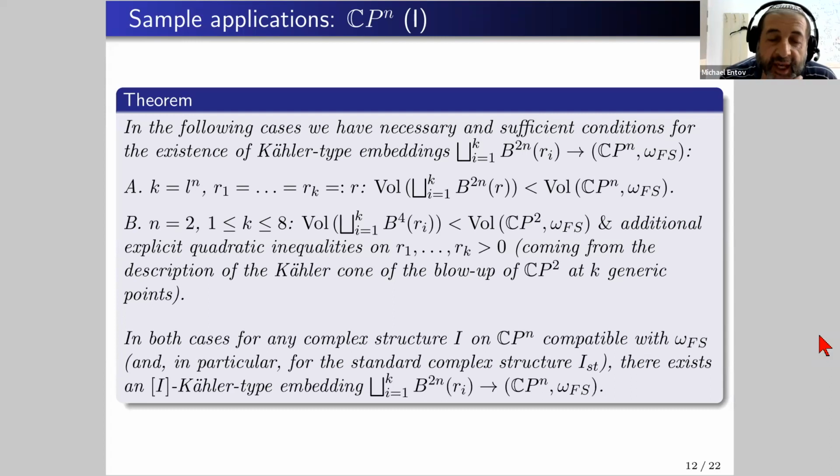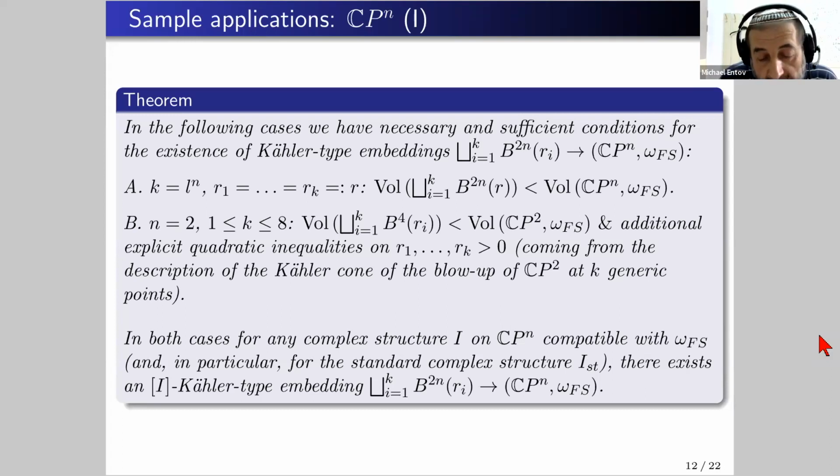In particular, in both cases, for any complex structure I on CP^N compatible with the symplectic form, and in particular for the standard complex structure, there exists an I-Kähler-type embedding of the balls into CP^N. Before, we were talking about Kähler-type embeddings; now we want to be more specific. We're talking about I-Kähler-type embeddings, and here you get I-Kähler-type for any I compatible with omega_FS. But note that in principle, for n at least 3, such an I does not have to be smoothly isotopic to the standard complex structure.